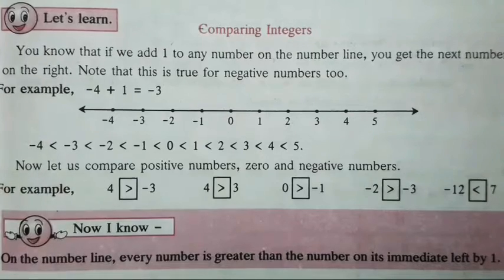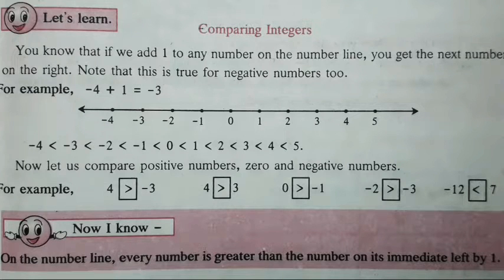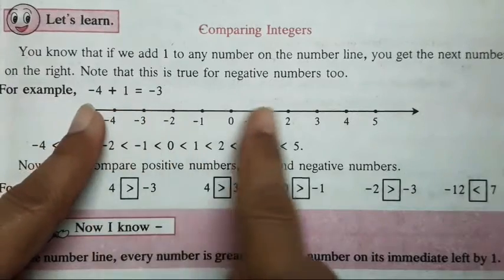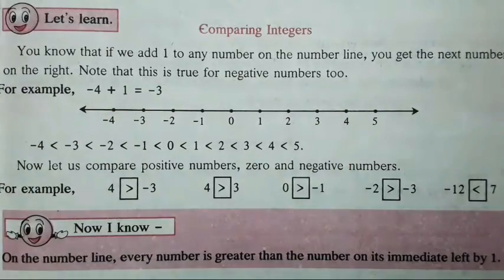Alright, now which is going to be greater and which is going to be smaller? Is the positive number going to be greater or the negative number? So children, you don't have to think much about it. Just remember, when you move from left to right, the number goes on increasing.